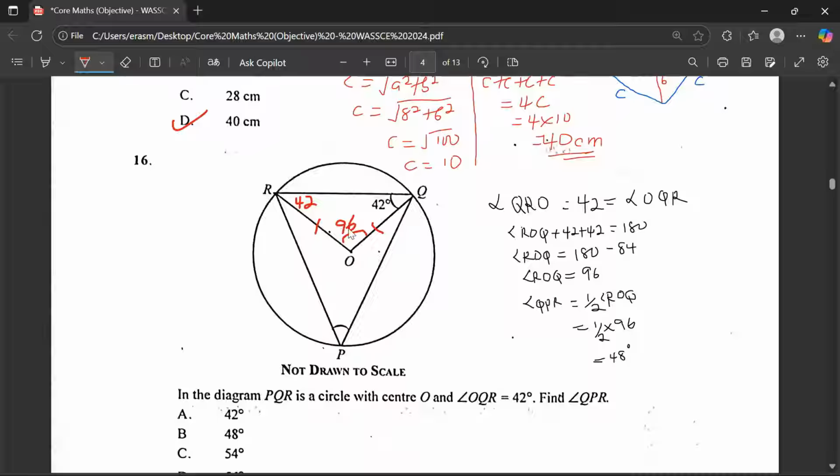So half of this angle equals the angle here. So angle QPR equals half of angle ROQ. So half of 96 equals 48. So you have 48 here. So the right answer is option B.